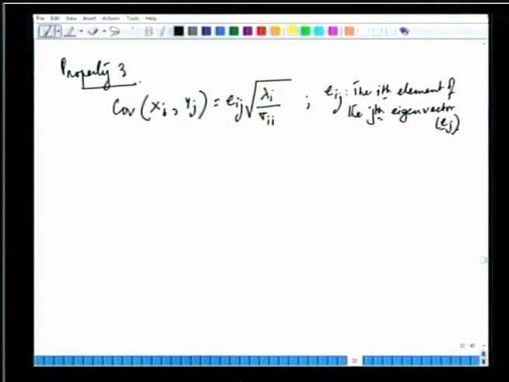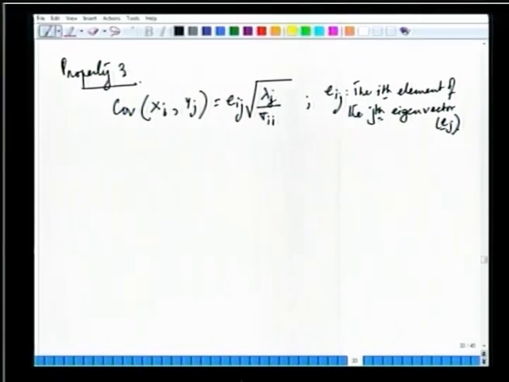This is lambda j, not i, because I am considering yj here. So this is lambda j, the variance of yj, this is sigma ii, the variance of xi, and eij is coming from the jth eigenvector Ej, it is the ith element of that eigenvector.